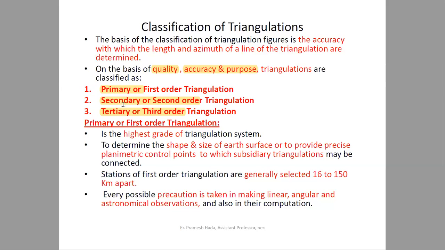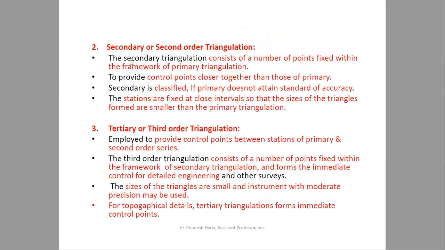So coming to second order triangulation. Second order triangulation consists of a number of fixed points within the framework of primary triangulation. Basically, when we have some errors in our primary triangulation, that leads to secondary or second order triangulation.